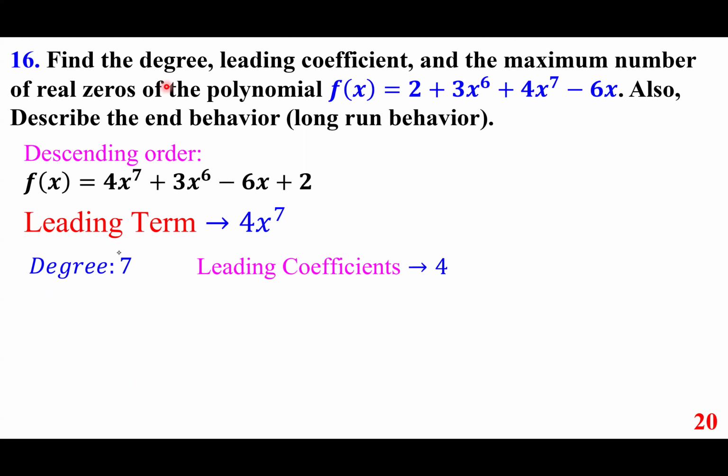So find the degree, leading coefficient, maximum number of zeros. n equals 7. That would be the degree. The maximum number of zeros is always the degree.